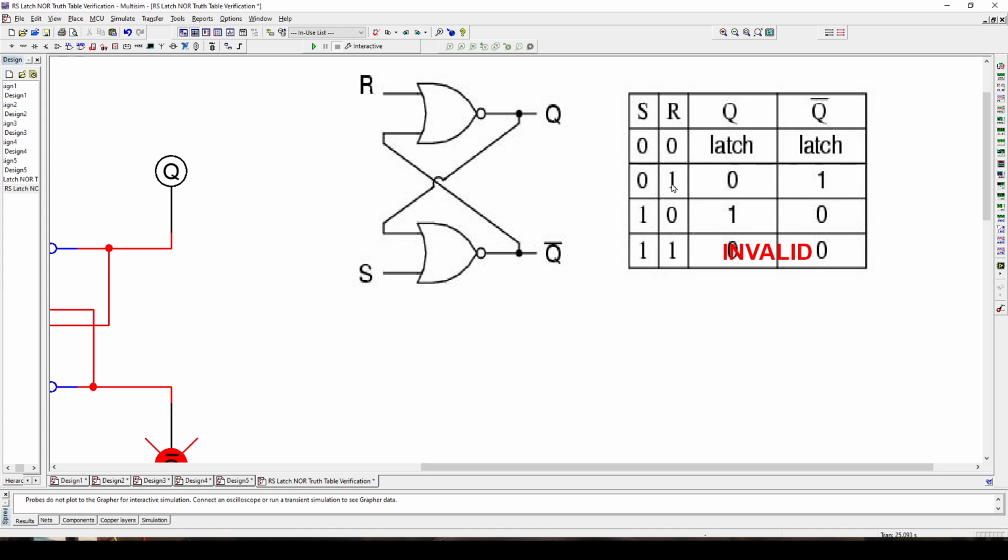So when reset is at 1, then the outputs jump to the position of this state. And then if you release that 1 and make it 0 again, so you go back to the resting state, this one says latch, which means it's going to stay that way. Now, if you're still sitting at 0, and then for a split second you make the other one high, then the outputs are going to have this state, that Q is going to be 1 and not Q is going to be, of course, 0.